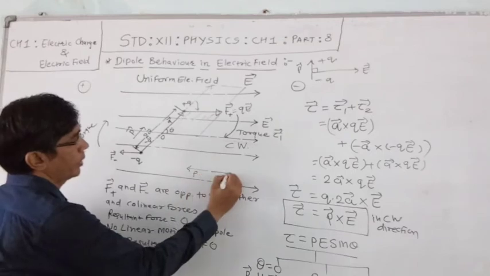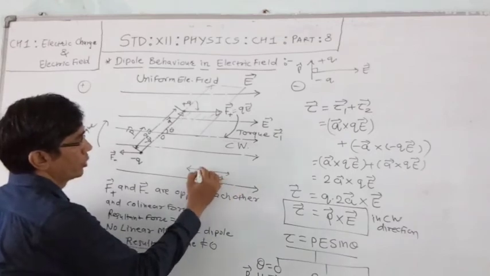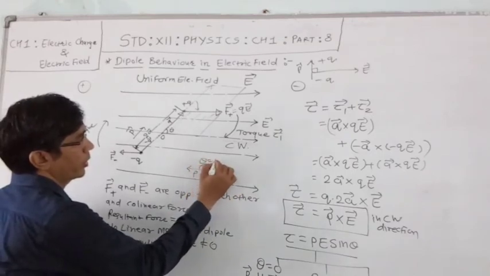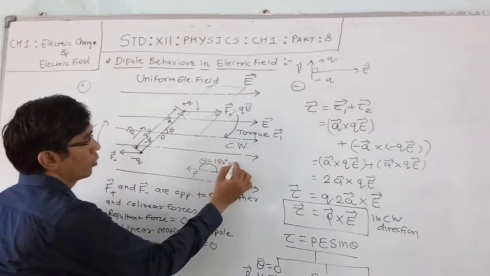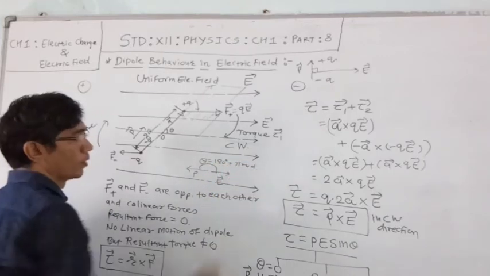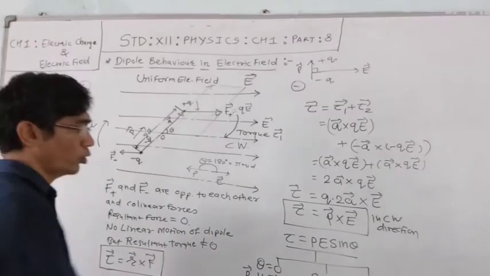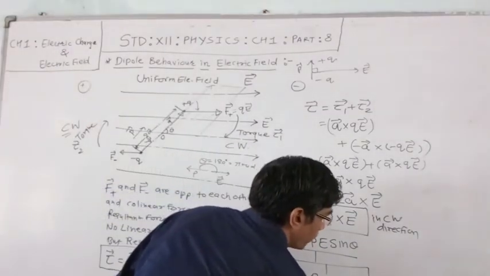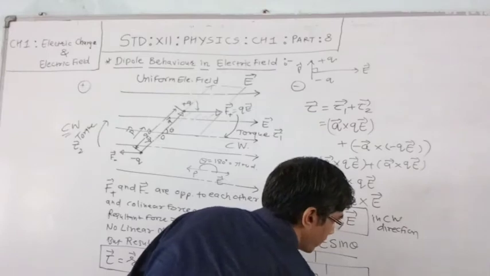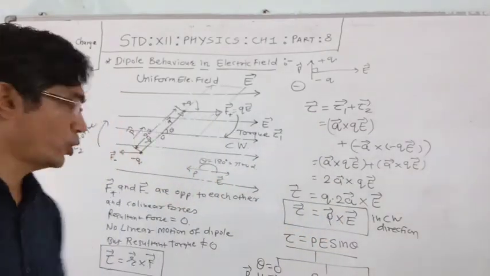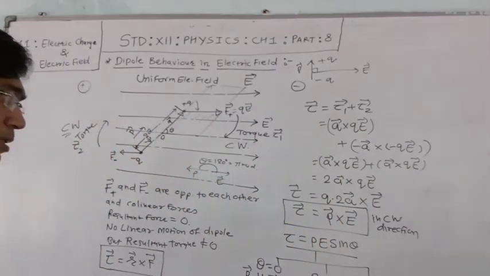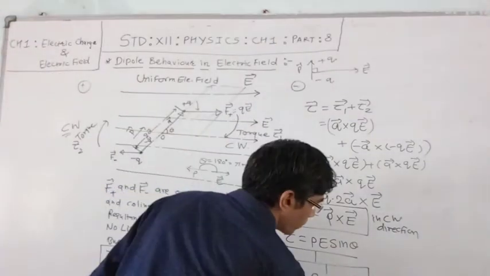This is the P and here is the E. In that case, theta is given by 180 degrees, or pi radian. So we get the torque Pe sin pi, and sin pi is again 0, so the torque is 0.